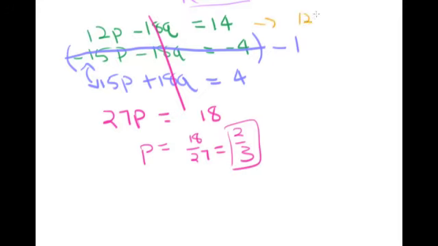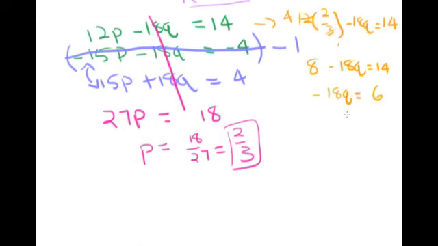So 12 times 2/3 minus 18q equals 14. 3 goes into 12 4 times, so 8 minus 18q equals 14. Negative 18q is equal to 6. q is equal to negative 6 over 18, which is also negative 1/3.